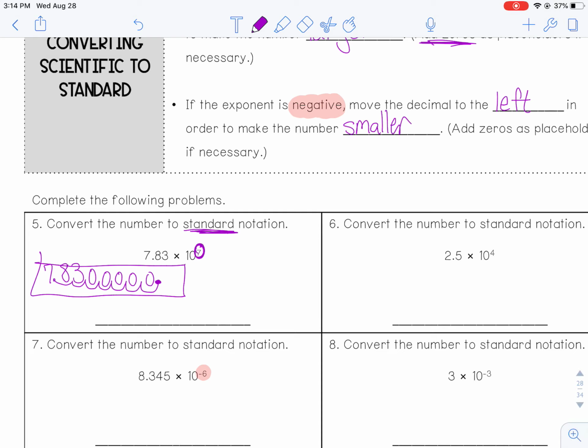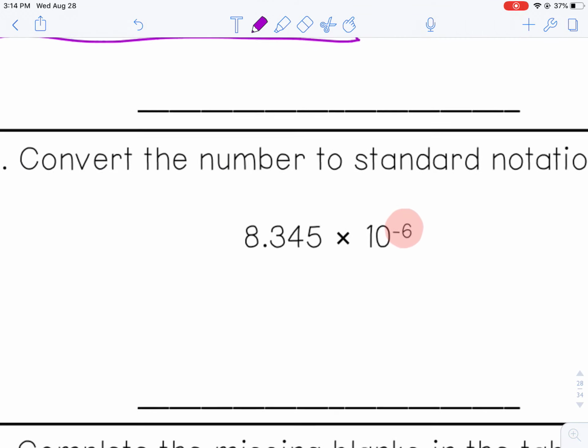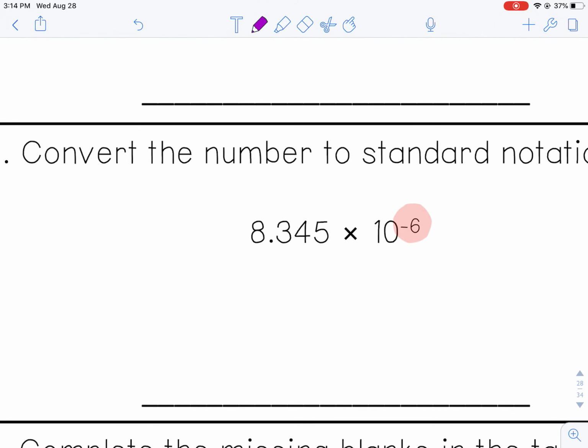Negative is going to make teeny tiny decimals. So I'm going to take that and I'm going to go left. 1 jump, 2 jumps, 3 jumps, 4 jumps, 5 jumps, 6 jumps. Make my decimal. Same thing. If I have blank spots, I'm going to fill them in with zeros.